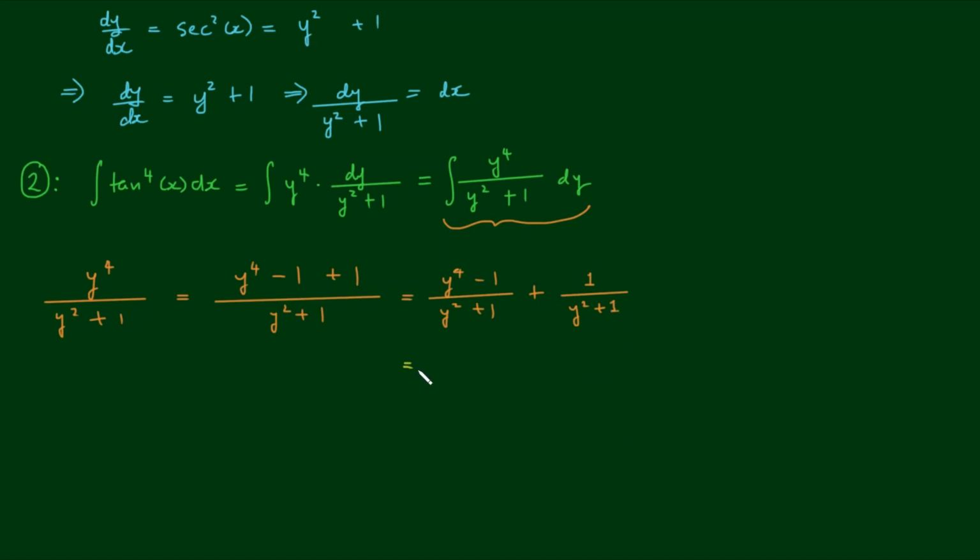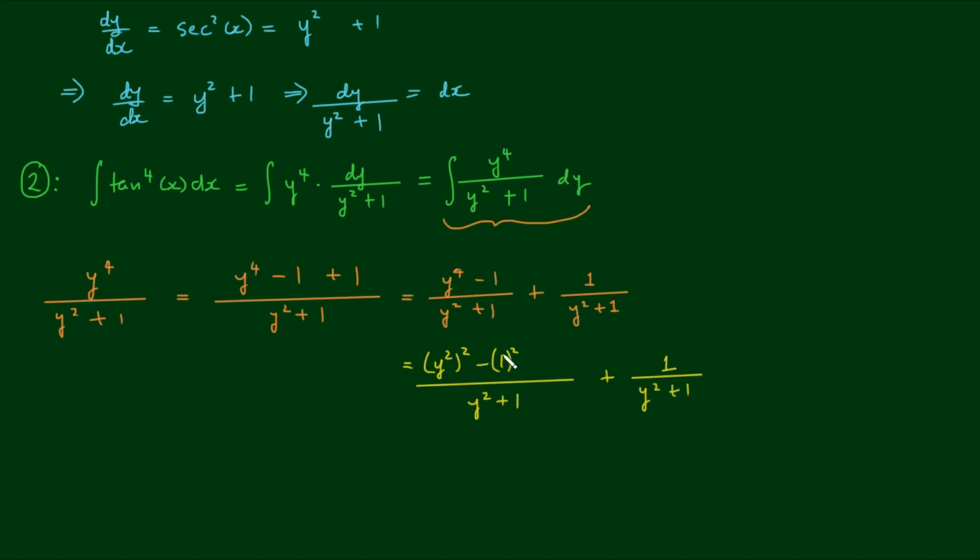Now the first fraction, y to the fourth power, let's write that as y squared all squared, and then minus 1, which can also be written as 1 squared, over y squared plus 1. Now I have the difference of two squares, and let's copy down the second fraction as well. So we still have 1 over y squared plus 1.